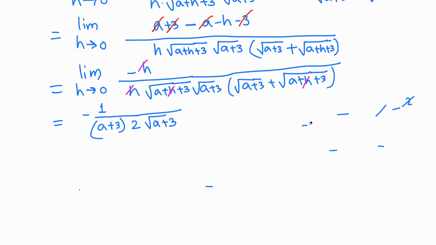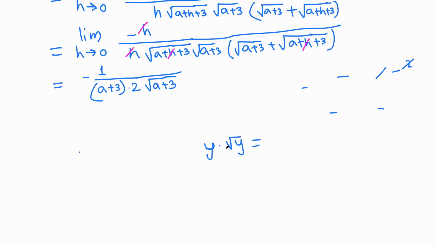Okay, because I got a situation where a plus 3, I can think of it like y, this 2 is in the front, times this is the square root of y. So when we multiply y and the square root of y, y is 1 copy, the square root of y means y half copies, y raised to 1/2. Okay, and when we multiply, we have the same base y. 1 and 1/2, we add these exponents. 1 plus 1/2 is 3/2.